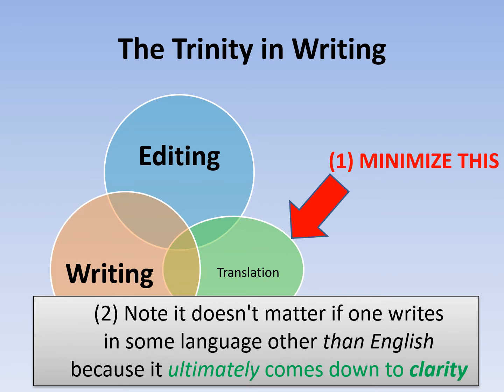And the complication that arises from translation is only that when you write in English, you have a set of conventions, and when you write in some other language, you may have another set of conventions to help with clarity. And these conventions can be different.